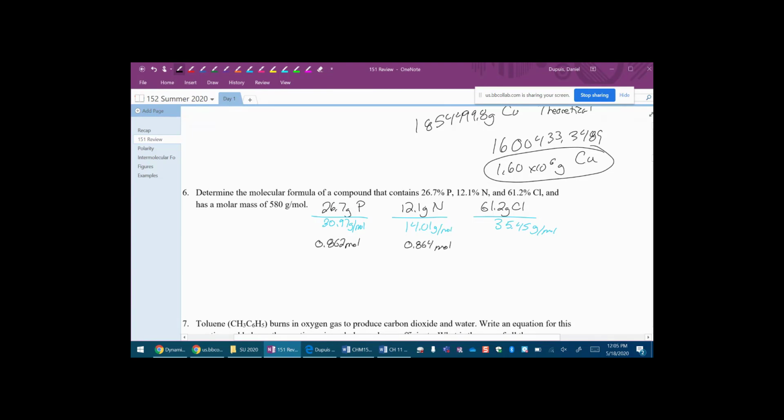And 61.2 divided by 35.45 gives us 1.73. Divided by the small 0.862. Oh, I have an extra 0 there. I'm sorry, guys. 2.